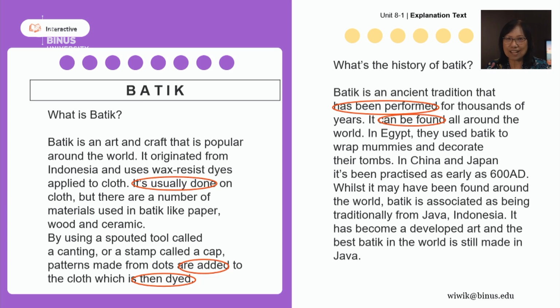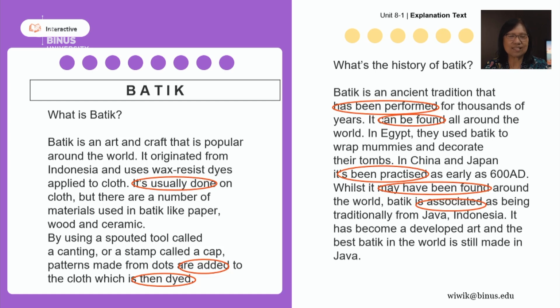Do you notice another one? Can you find it? Okay, so it's been practiced, or it has been practiced, and I still see another one. Yes, may have been found. So we have lots of passive construction here.